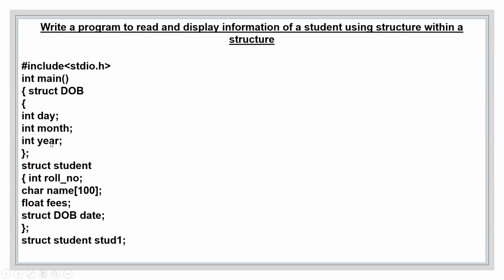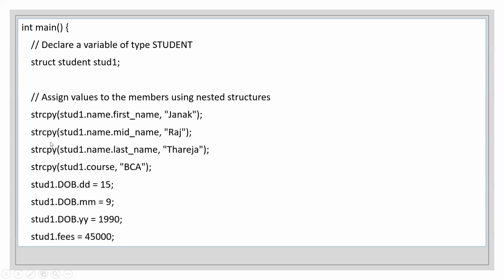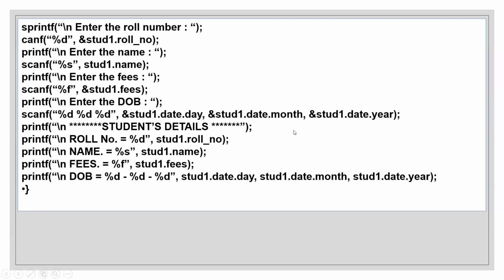Day, month, and year. We are directly entering the values. How? stud1.date.date: stud1, then the structure name, and the member name. This is the main structure, the substructure, and again the member.